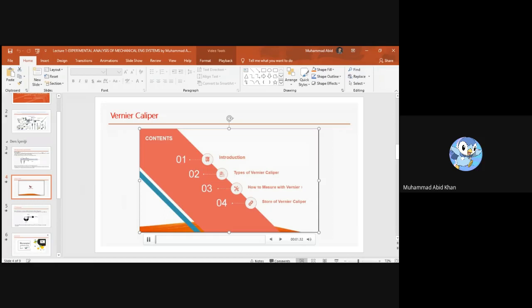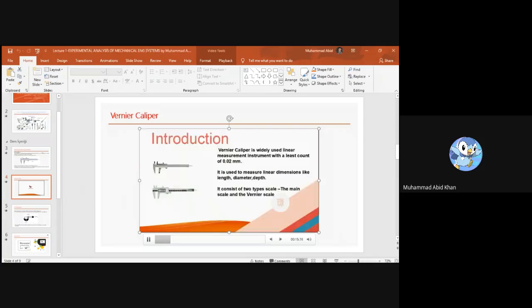So first is the introduction, next is the types of vernier caliper, the third is how to measure with the vernier caliper, and the fourth is the store of vernier caliper. So let's start off with the introduction. Vernier caliper is a widely used linear measurement instrument with a least count of 0.02 mm.